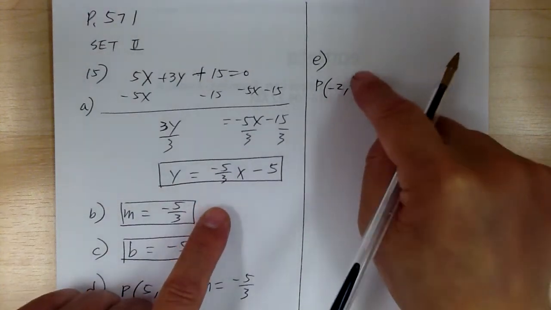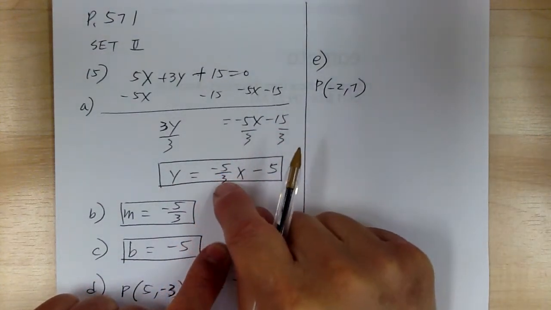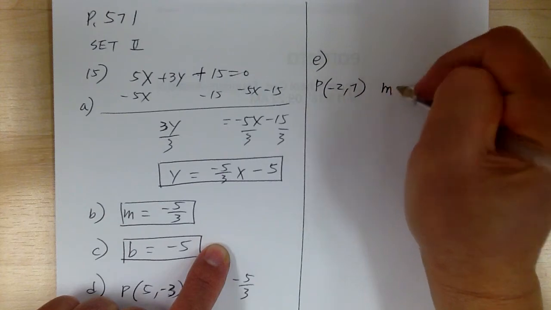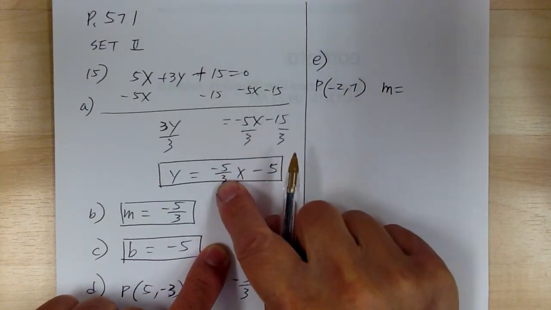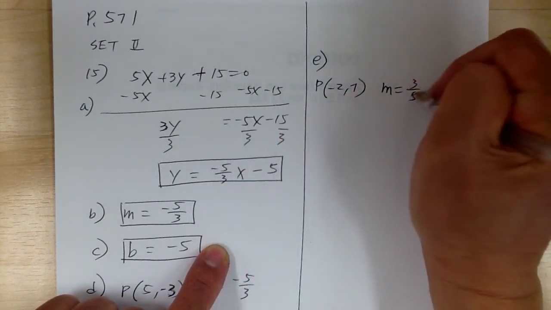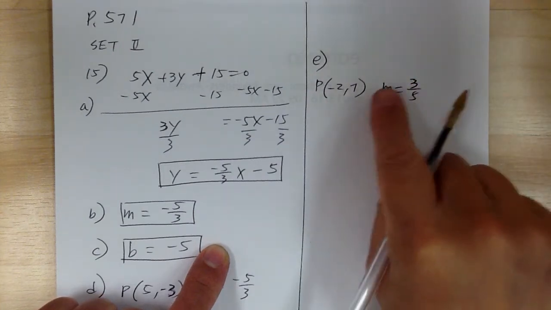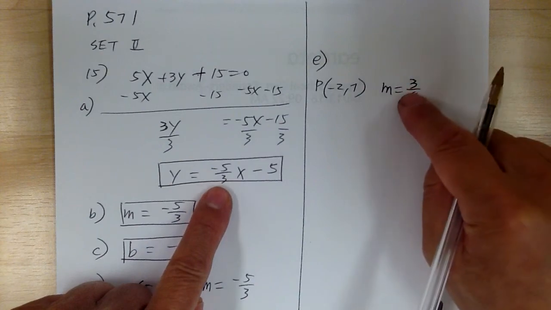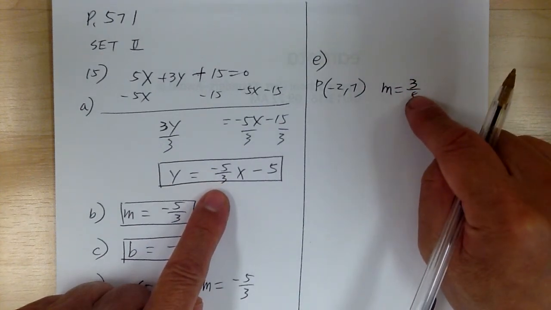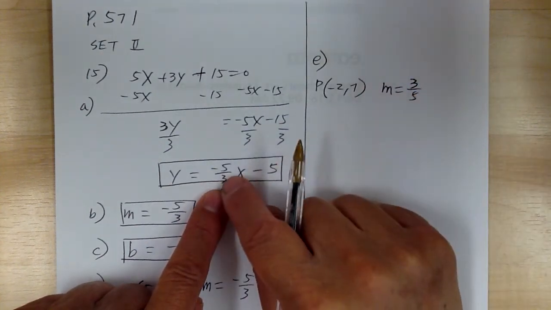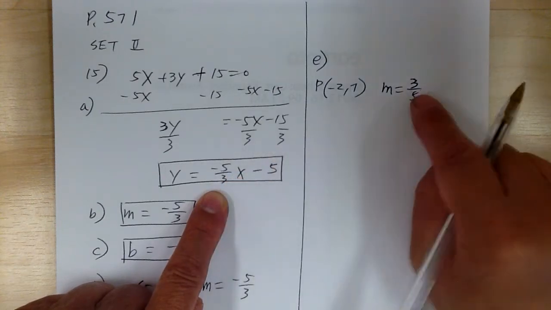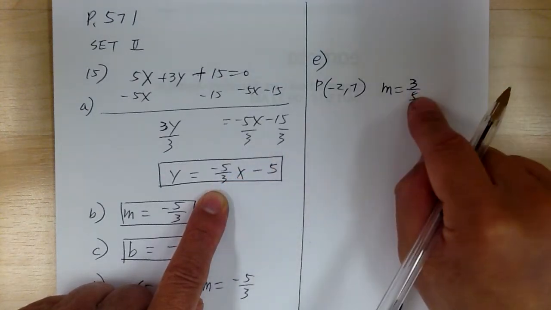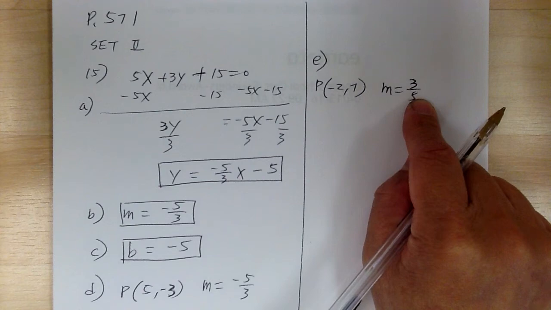If this line is perpendicular to this line, that means the slope has to be the negative reciprocal of that, so it will be equal to 3/5. These two lines are perpendicular, so the slope is the negative reciprocal. This is negative 5/3, so you take the opposite and flip it over.